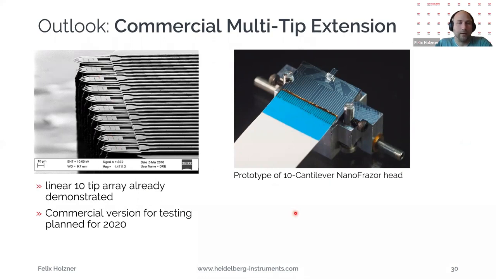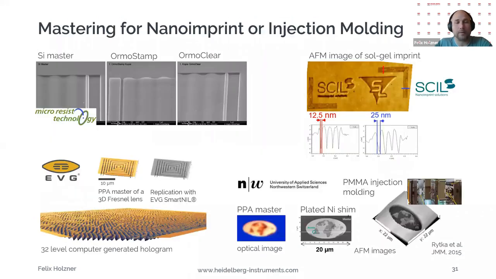If you operate each cantilever individually, you could increase the speed by up to a factor of 10. And then we envision also using many of these scan heads in one machine, but this is really future, not something we will have next year.